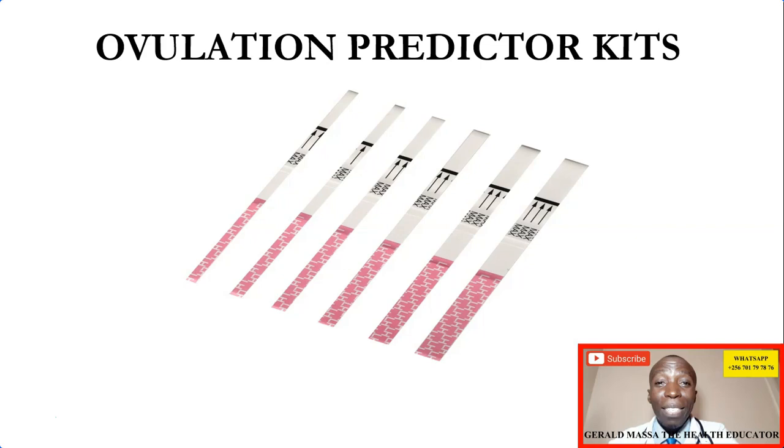You should tell them you want what we call the ovulation predictor kits, and this is a sample of how they look, but depending on the manufacturer, they could look different, but as long as they are called the ovulation predictor kits. And we said that the ovulation predictor kits specifically look for the 2 hormones.